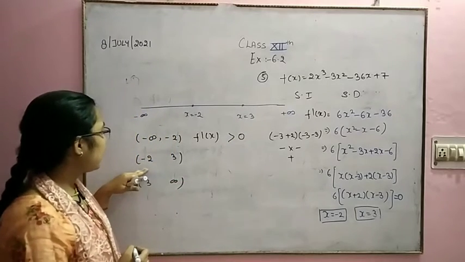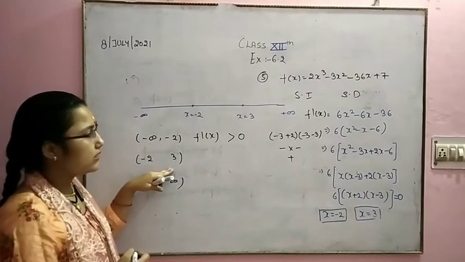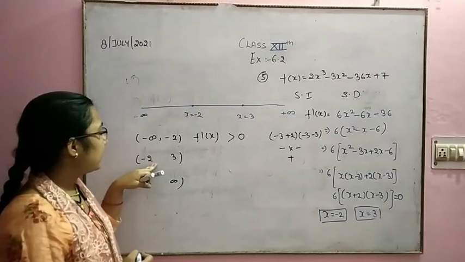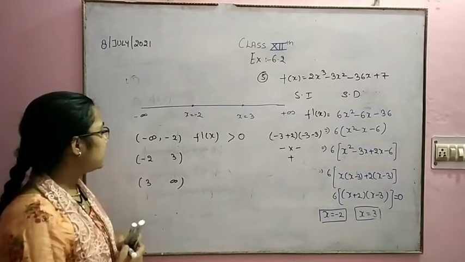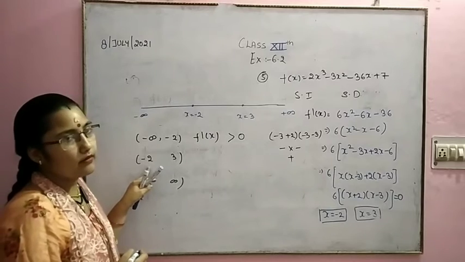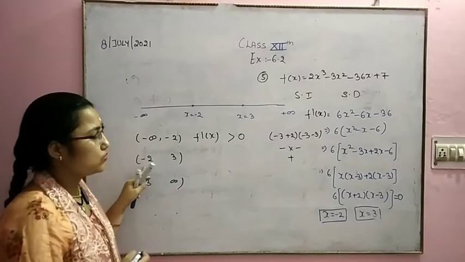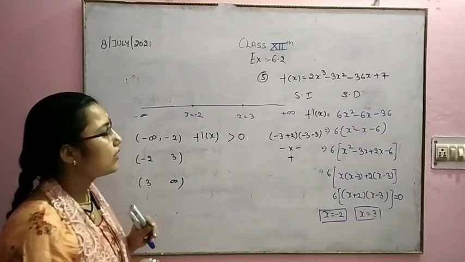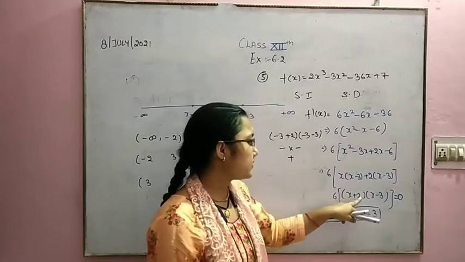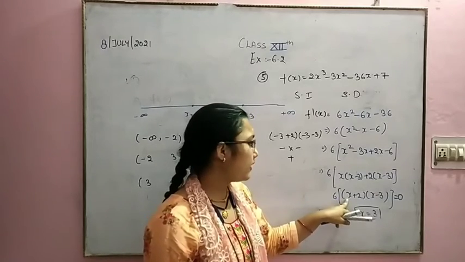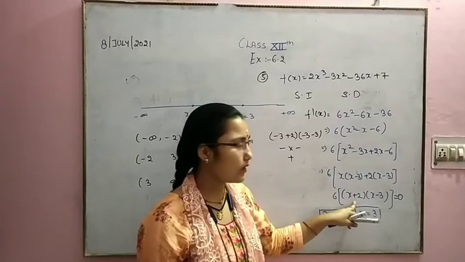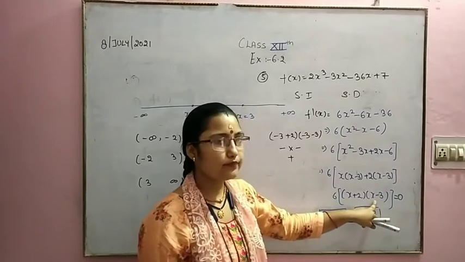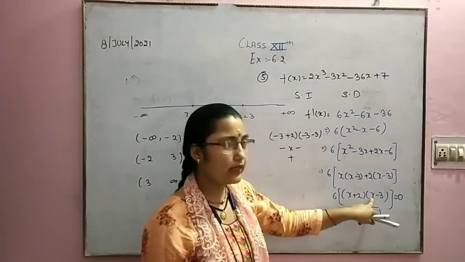Now come to the next interval, minus 2 and 3. For minus 2 and 3, the numbers between these are minus 1, 0, 1 and 2. Correct? So minus 1 is greater than minus 2, and we get a positive sign for x plus 2 here. If I put minus 1 here, we get a negative value for x minus 3.